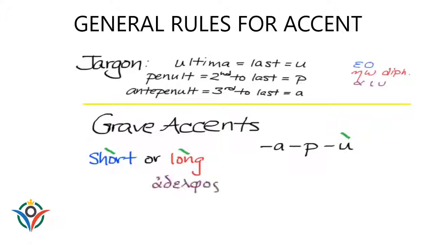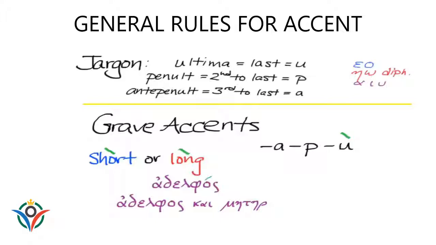So here's an example. Adelphos is the word for brother, and it likes to be accented on the last syllable. When you see it in the dictionary, it appears like it appears in the single word in the beginning of this example, with an acute over the last syllable. But if you put it into a phrase or a sentence with a word after it, like adelphos kai mater, which means brother and mother, then it no longer likes to have an acute at the end of the word.